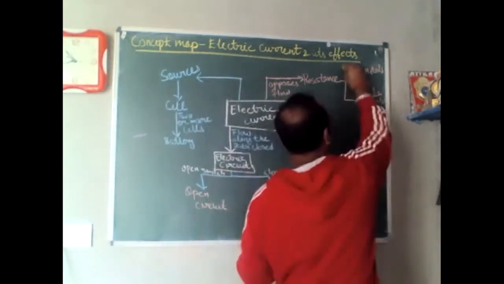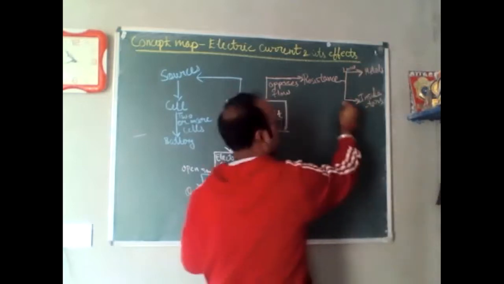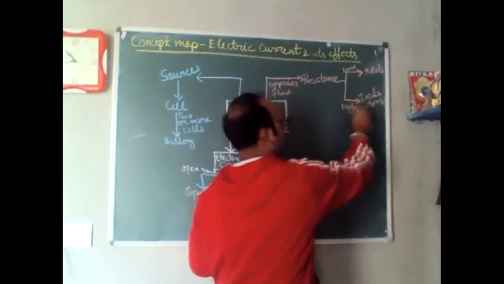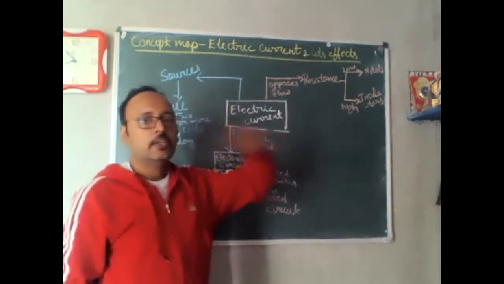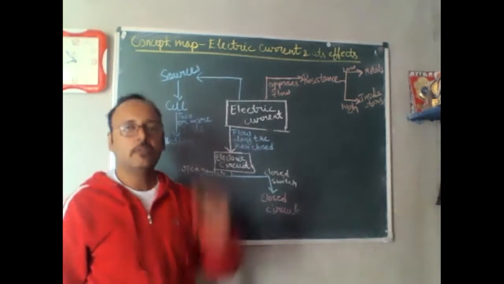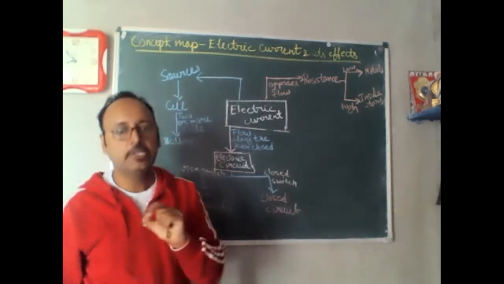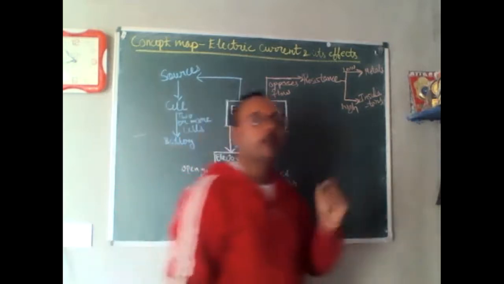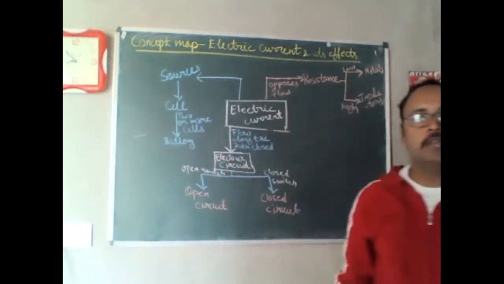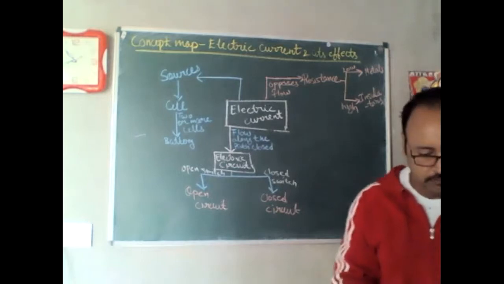That means they are offering low resistance. And insulators are not allowing the electricity to pass through them, so they are offering high resistance. So resistance is a physical quantity on the basis of which we can decide that the given substance is good conductor or bad conductor, right? So you have to keep in mind that resistance, very new term for you.